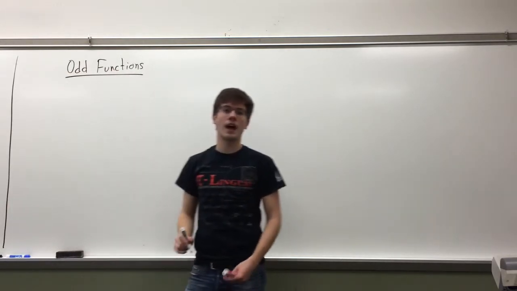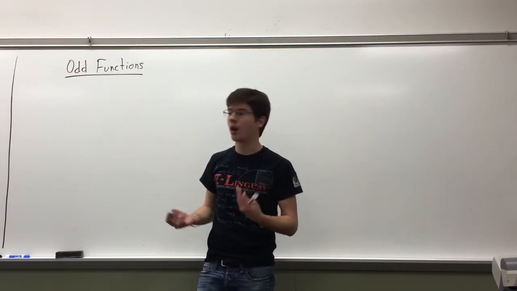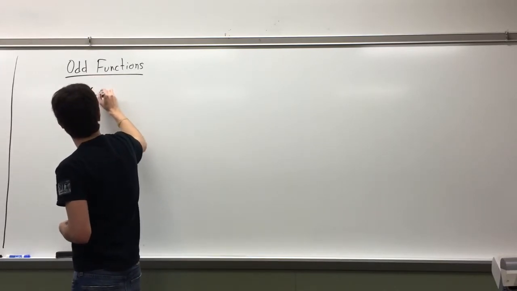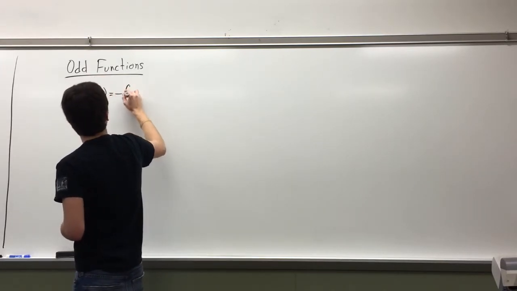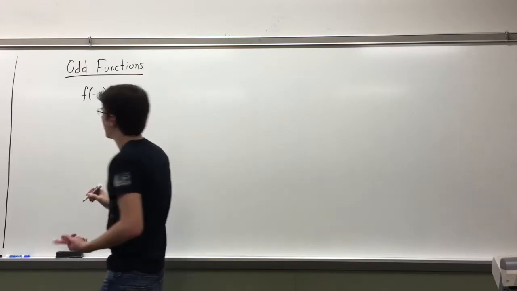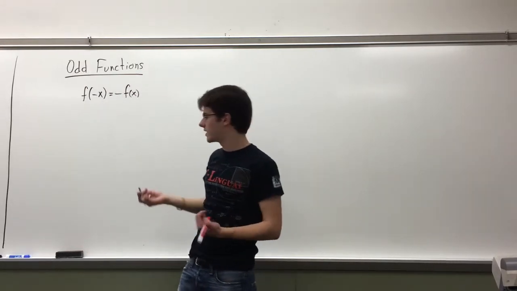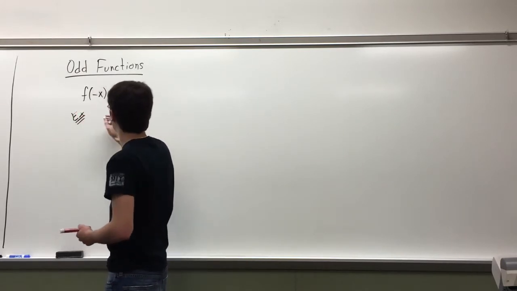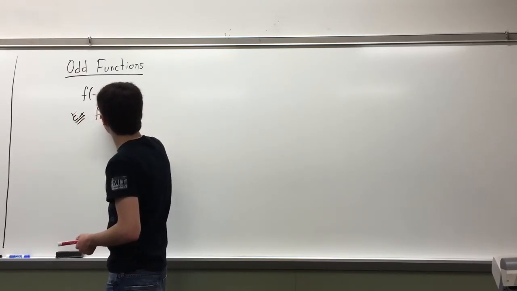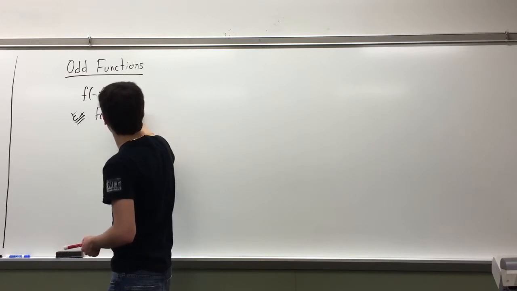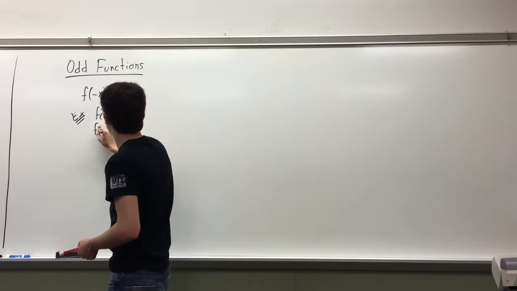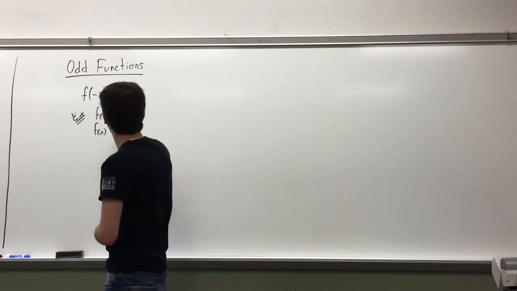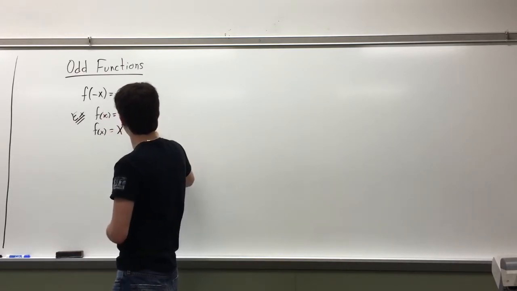So odd functions have a very important property that f of the opposite of x is equal to the opposite of f of x. And if we want to think of some examples of odd functions, it would be f of x is equal to x cubed, or f of x would more generally be equal to x to the n, where n is odd.